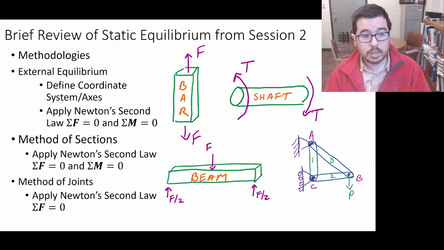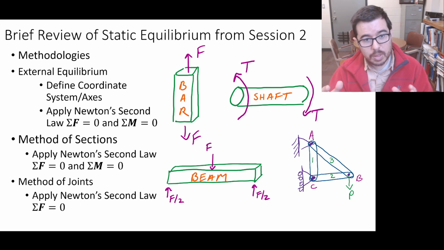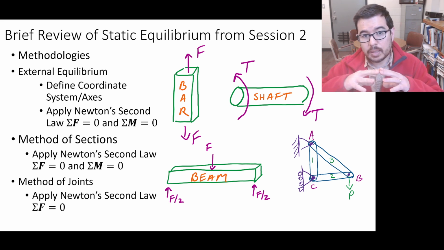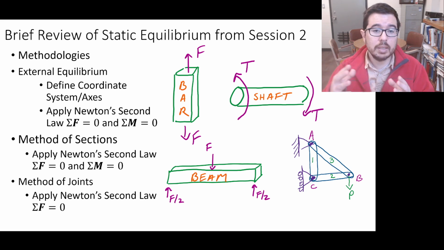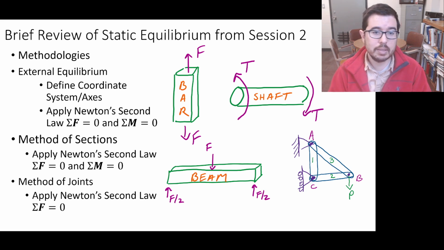For the trusses, we can also use method of joints, and we apply Newton's second law. No summation of moments, but looking at the summation of forces at the joints and being able to solve for the internal forces in all the members of a truss. We also showed how we can use some linear algebra to solve for these systems of equations in IPython.